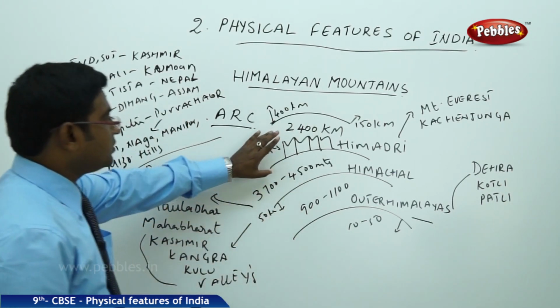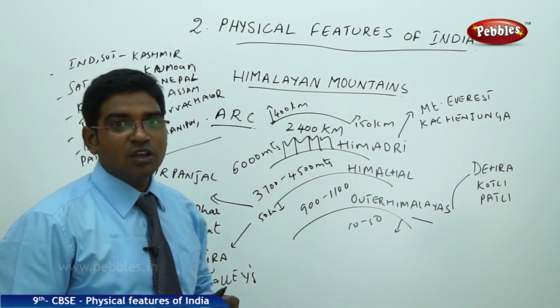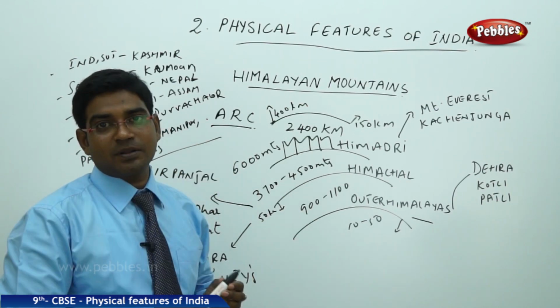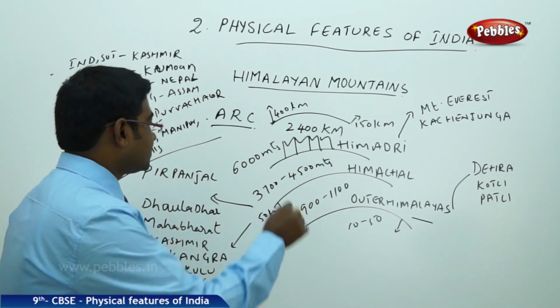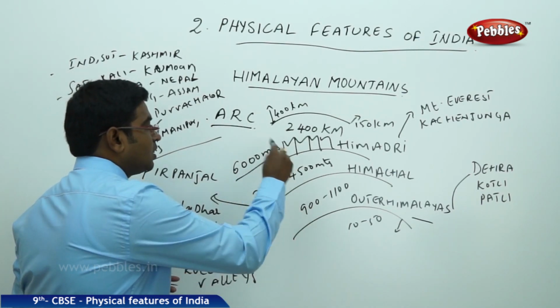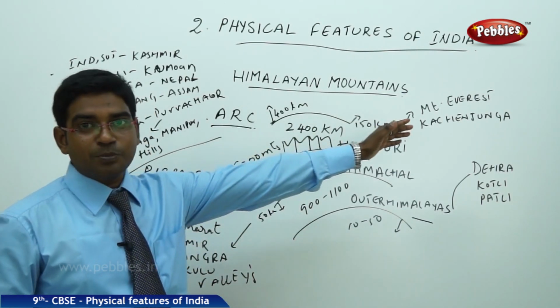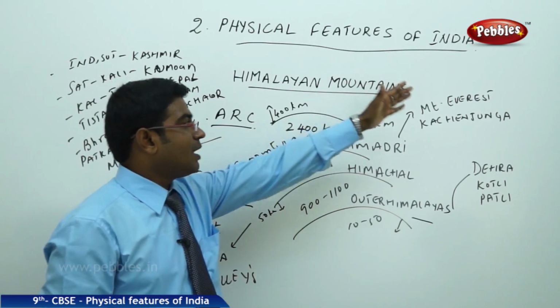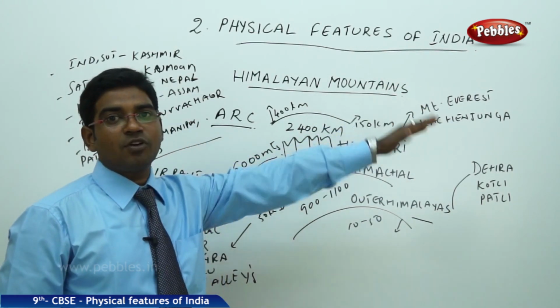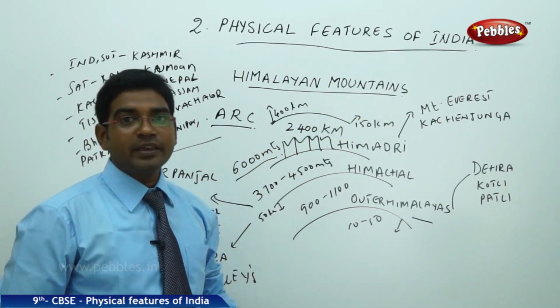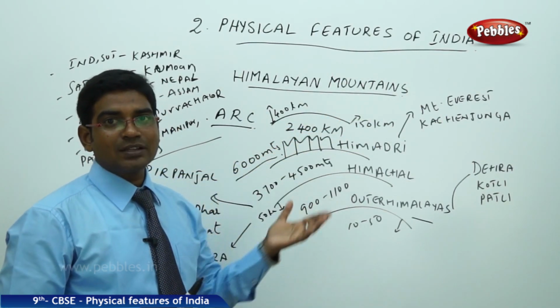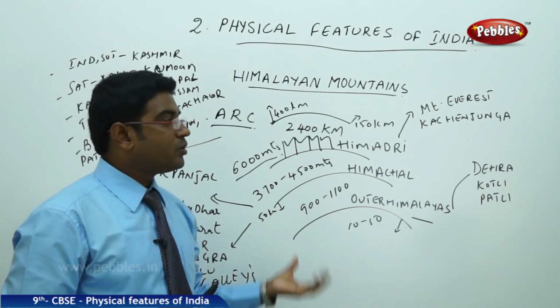So, the first range is a very high range, a continuous series of mountains present here. The average height here is 6000 meters, while the world's topmost peak, Mount Everest, is 8848 meters, and Mount Everest is present in the Nepal region. So, we cannot consider it an Indian mountain.